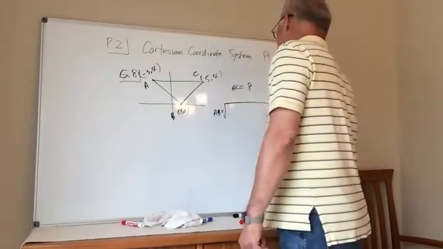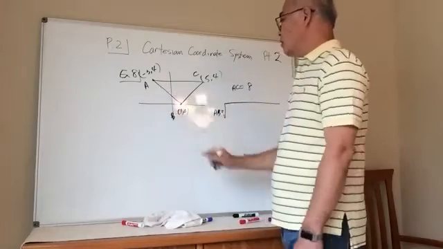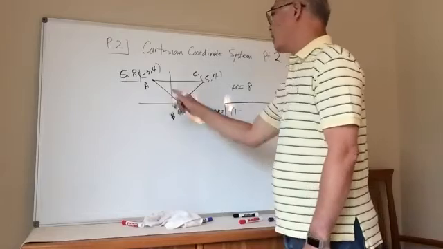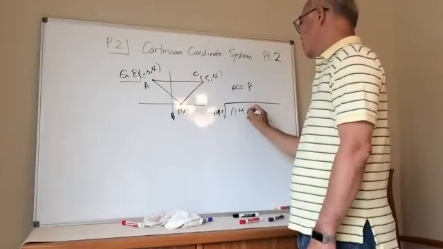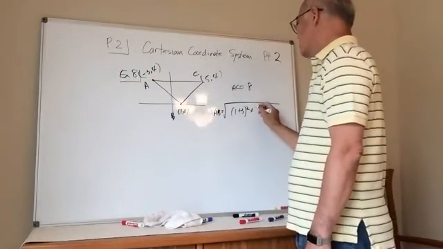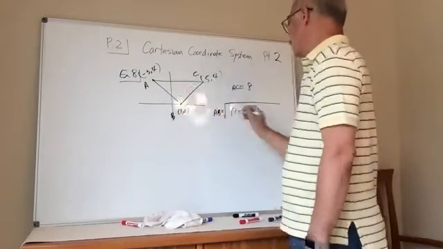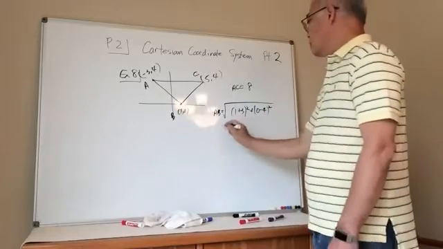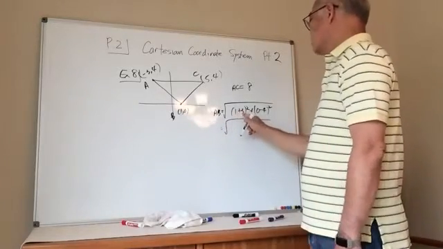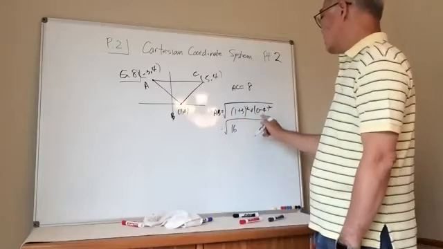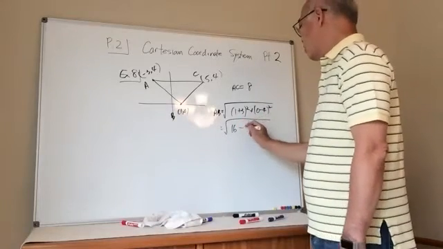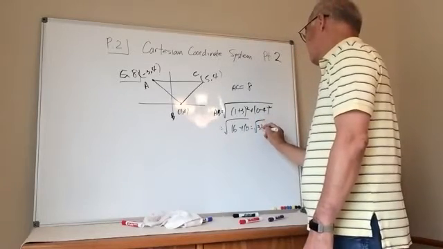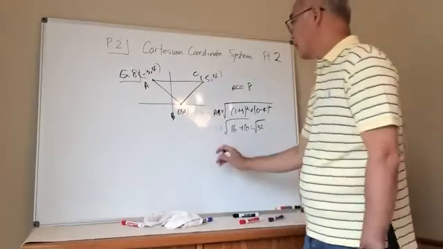AB is equal to from here to here. So I'm going to go 1 minus minus 3 squared plus 0 minus 4 squared, which is going to be the square root of 16 plus 16, square root of 32. Okay.